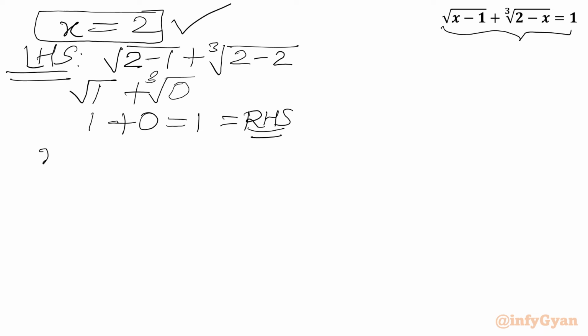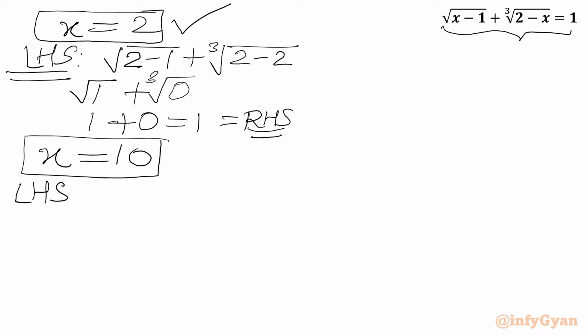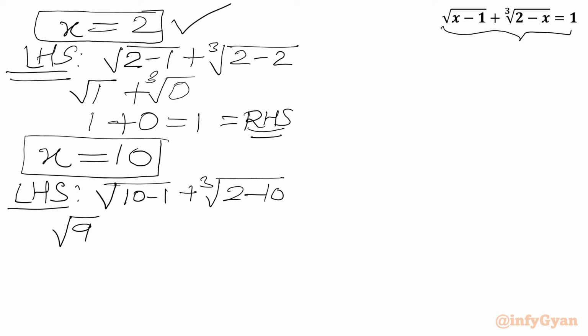Now we will check our last solution x equal to 10. So we will write the left hand side of the equation with x equal to 10. So square root 10 minus 1 plus cube root 2 minus 10. So we can write square root 9 plus cube root of 2 minus 10 is minus 8.